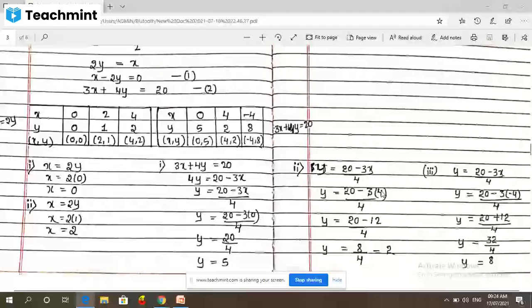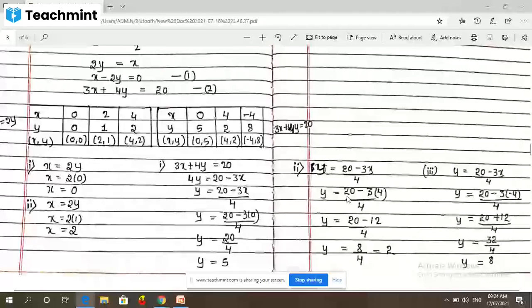Here, see, directly after 0, we jump to 4, because we tried 1, 2, 3 but here we will not get a perfect integer. We'll get decimals. So that's why we avoid 1, 2, 3 and all. Directly we jump to 4.